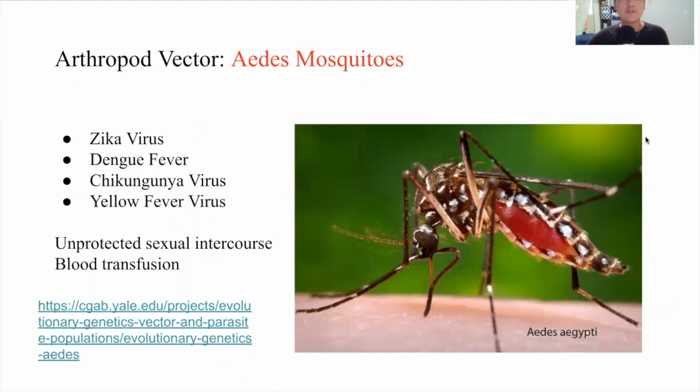Zika virus has an arthropod vector, and the arthropod vectors are the Aedes mosquitoes. In order to get the Zika virus, the Aedes mosquito that bites you has to be infected. Of course, it's hard to tell which mosquitoes are infected and how to track or prevent mosquitoes from biting you.